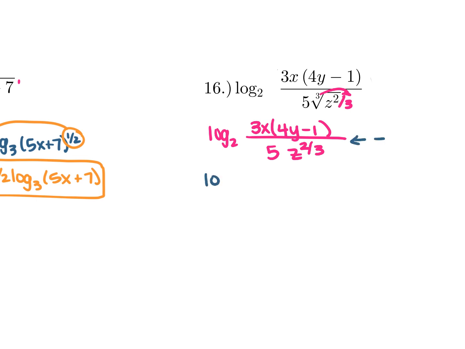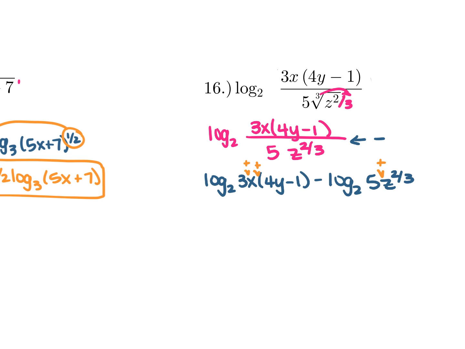So it's going to give you log 2 of 3x times 4y minus 1 minus log 2 of 5z to the power of 2/3. You have multiplication happening here between the 3 and the x, so you'll represent that with addition. Same thing between the x and the 4y minus 1. You also have multiplication happening between the 5 and the z to the 2/3 power, so you represent that with addition.